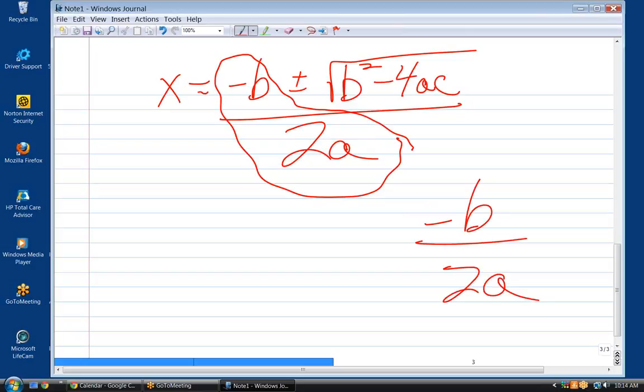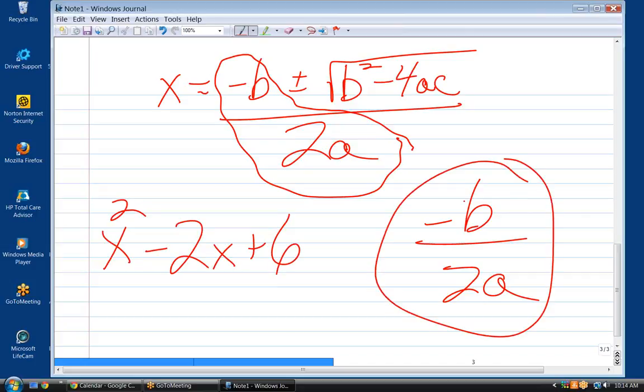That's division probably. That's the x-coordinate of the vertex, right? If I gave you a quadratic and asked where the vertex is, you would use minus b over 2a to find the line of symmetry, which is the x-coordinate of the vertex. You should have learned that somewhere along the line in algebra.